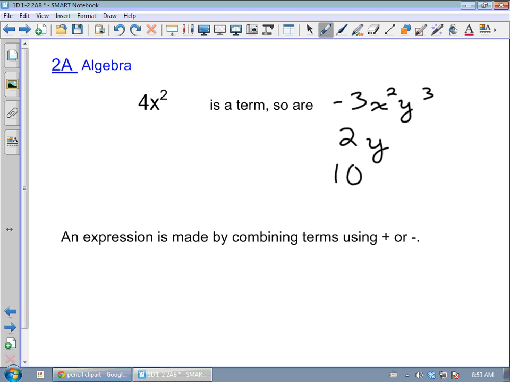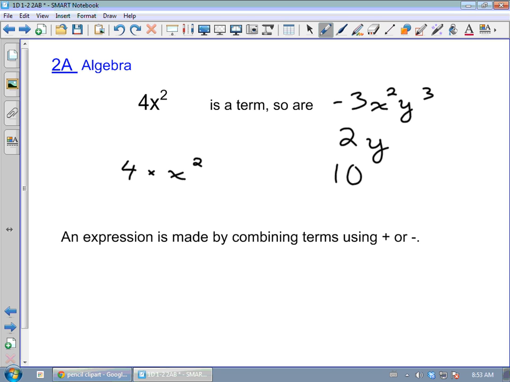Okay? So a term is basically a set of things. It could be numbers, it could be letters, and they're connected together by multiplication. Okay, we don't write the multiplication signs in between here, but when we think about 4x squared, we really mean that we're taking a 4 and we're multiplying it by this x squared here.